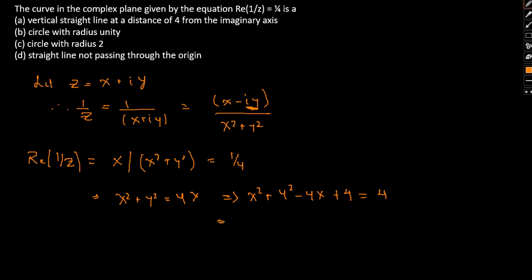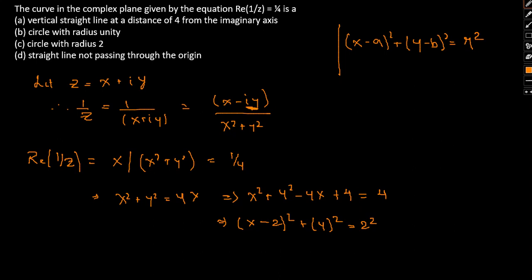So this term we can represent as (x − 2)² + y² equal to 2². Okay, so now we know the equation of a circle is (x − a)² + (y − b)² equal to r², where suppose this is the circle, the center will be (a, b), and this distance will be the radius.